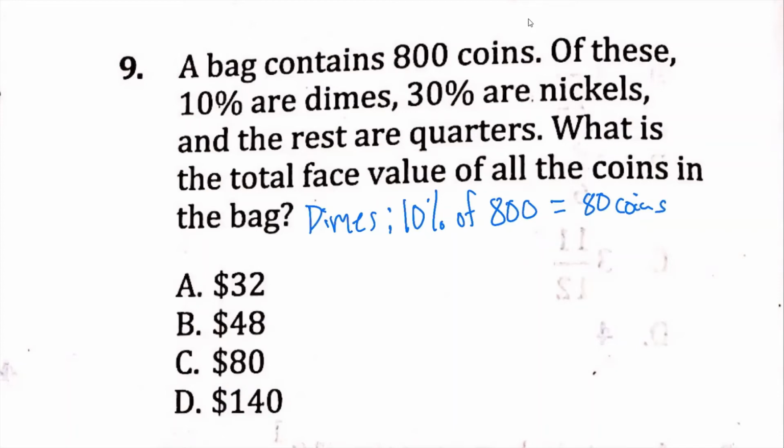We have nickels. And we have 30% of 800, which is 0.3 times 800.